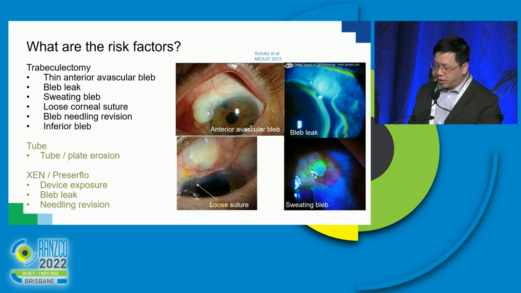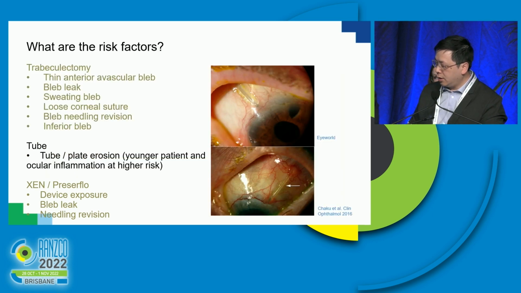And inferior blebs are generally not performed nowadays. In terms of tubes, the risk factor for endophthalmitis is erosion, and it's therefore very important that we as glaucoma surgeons, after the procedure, always have a look at the tube site to ensure that there is no erosion.